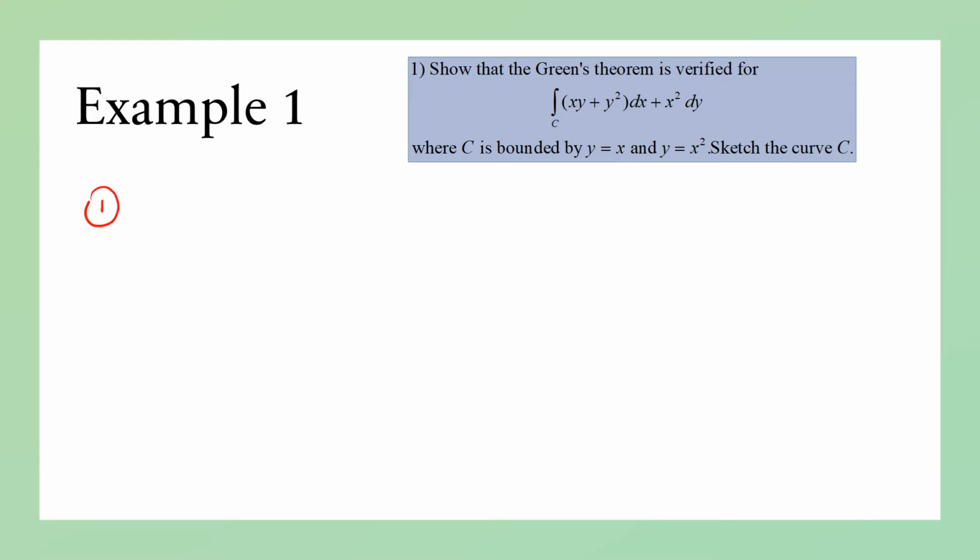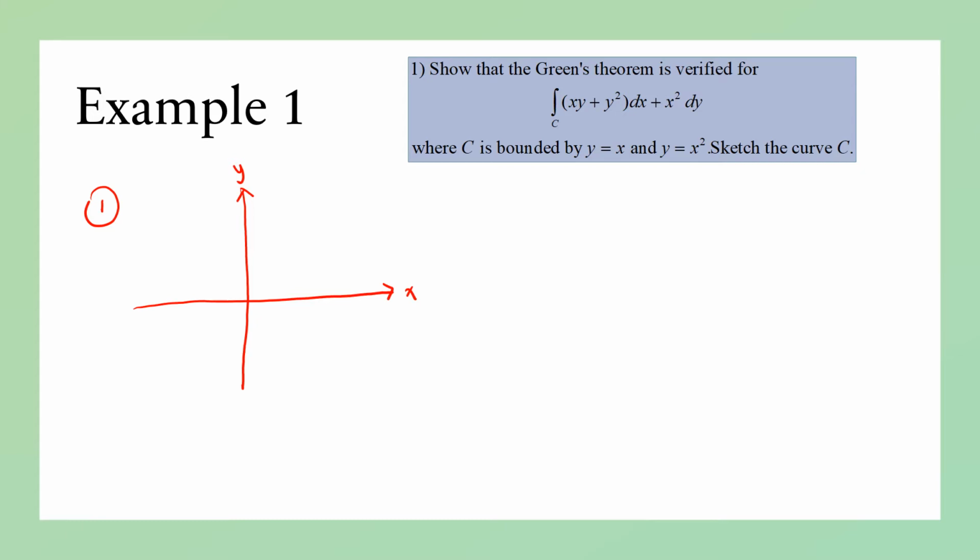You have to remember, when you do Green's theorem, it only occurs in the xy plane. So you can sketch, this is x, this is y. The equations give you y equal to x and y equal to x squared.